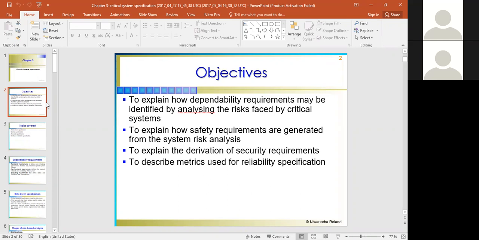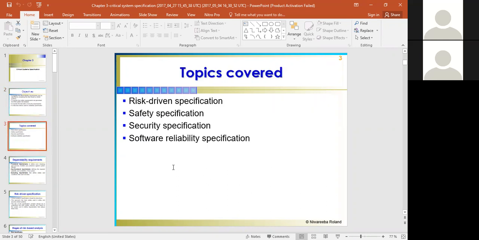The topics we're going to cover here involve risk-driven specification, safety specification, security specification, and software reliability specification.